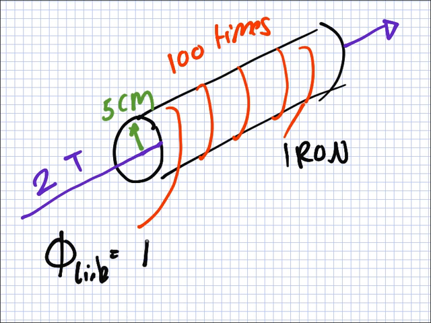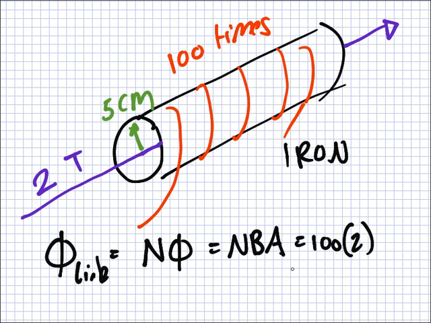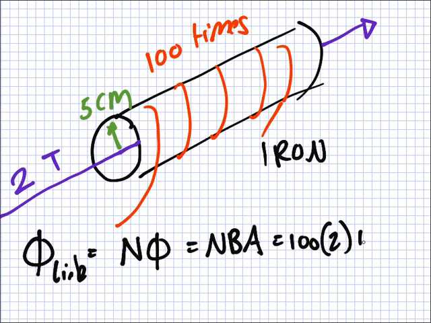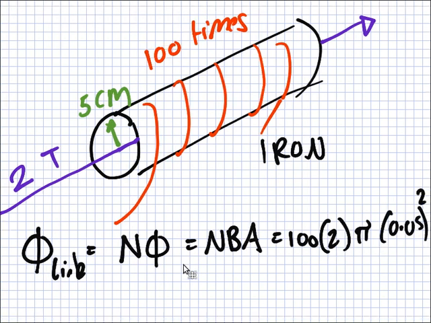So that would be N times the flux, which would be NBA, which would be 100 times 2 times pi times 0.05 squared. It's half pi.